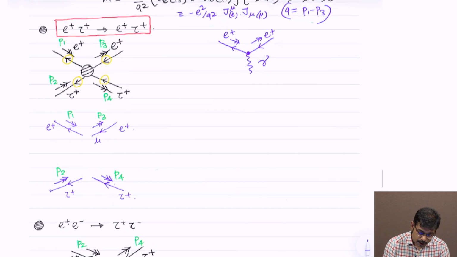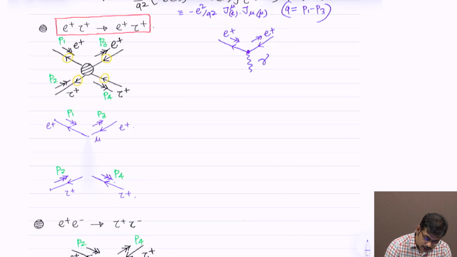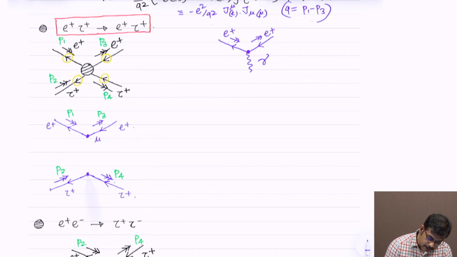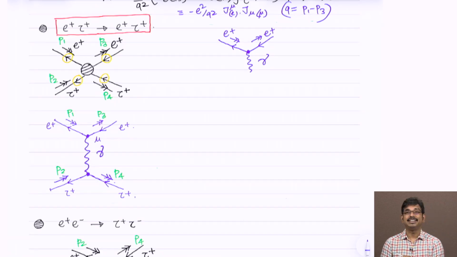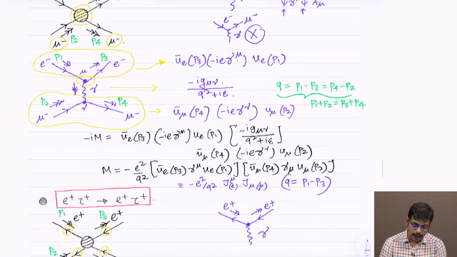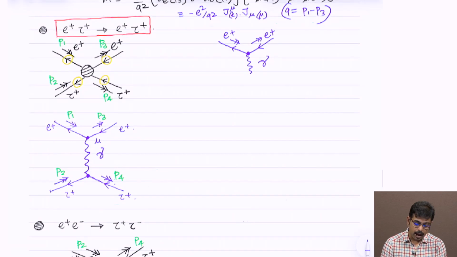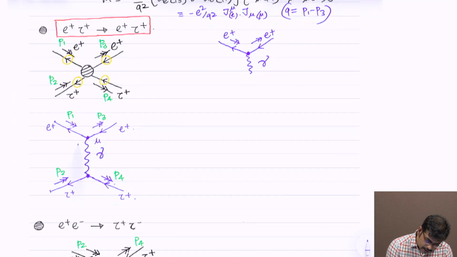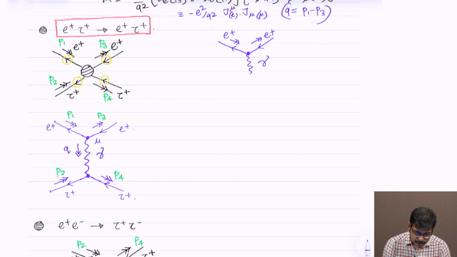So, I can therefore stitch these two lines together into one vertex, stitch the tau lines together into another vertex, and have the photon exchanged between these two. This is pretty similar to what we had before, but I cannot stitch a positron to a tau plus. That is not allowed by the QED vertex. Okay. And then I have the q momentum which is flowing. You can take it either from that vertex to this vertex or from this vertex to that vertex, that does not really matter.